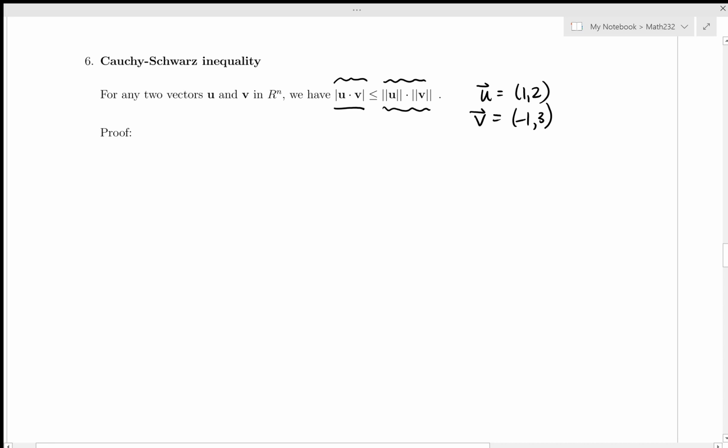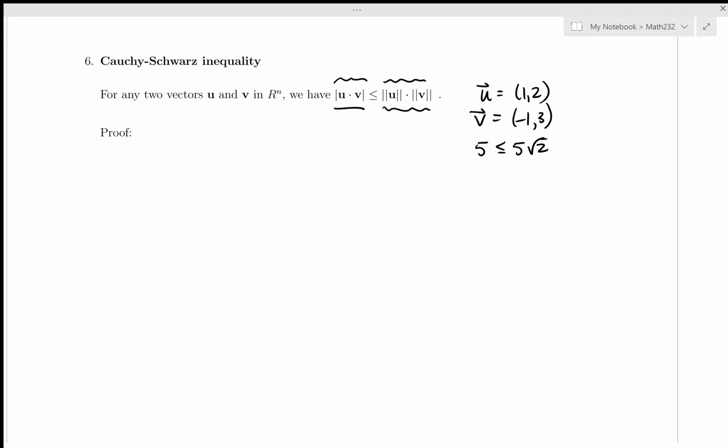I did that, and I ended up with the inequality looking like this. This should give you enough to check your work. Okay, so it worked. In this case, the absolute value of the dot product was 5, and the product of the norms was 5 root 2. So it turned out to be true in this statement.